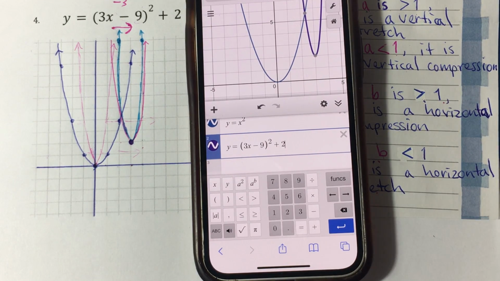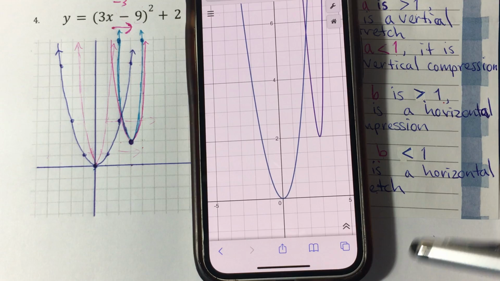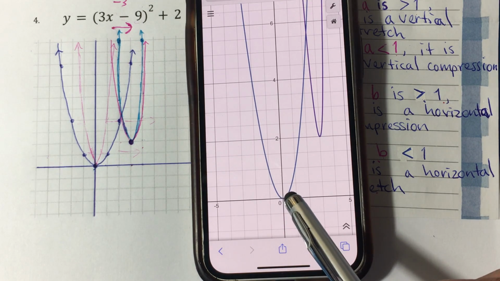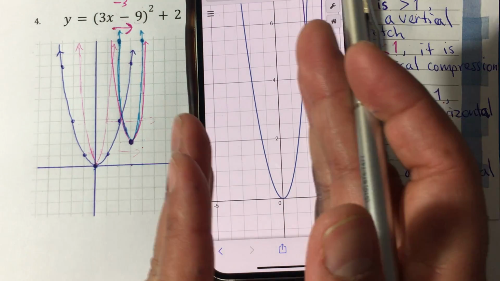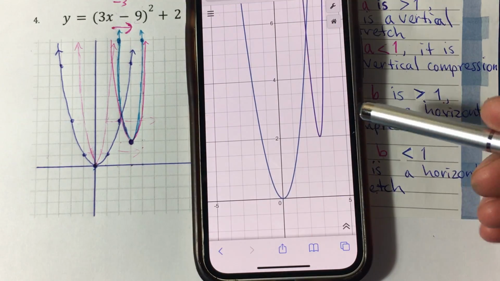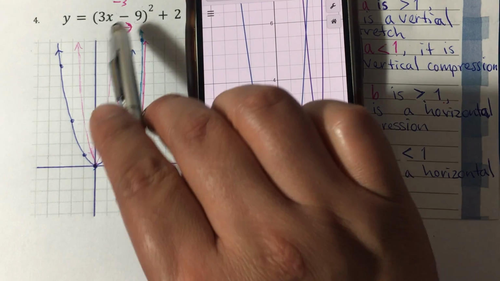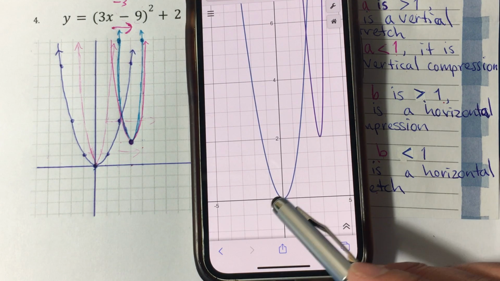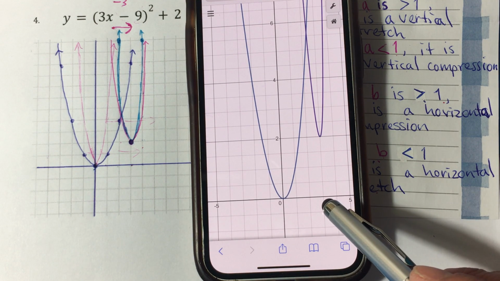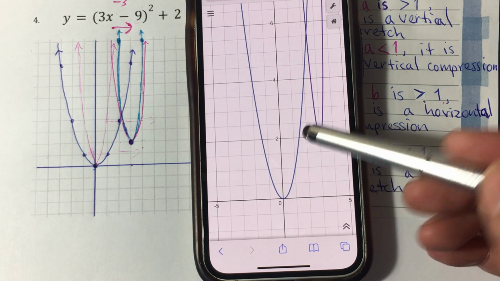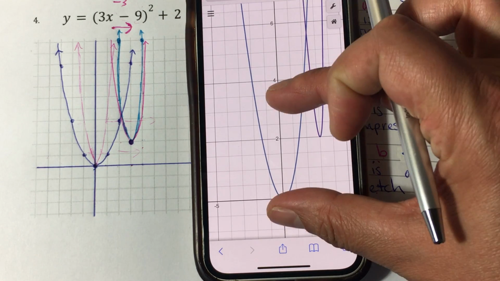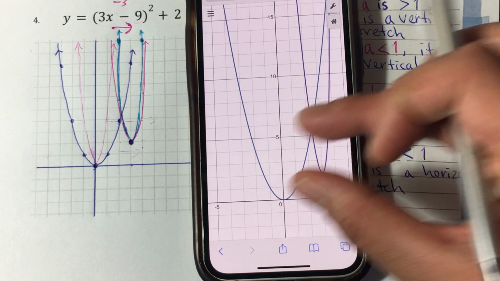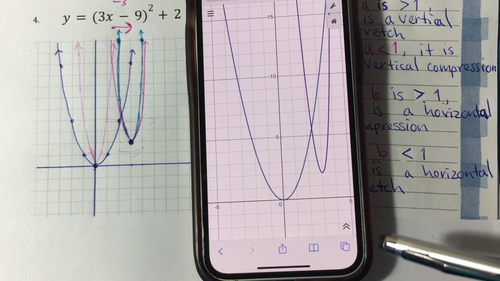Okay, so let me close in here so that you can see the difference. Again, the 3 made it compressed, closer to y for each point. And then negative 9 divided by 3 made it move to the right, 3 spaces, and then 2 spaces up. Sorry that it looks off, it's because we can move this to be 1 per square.